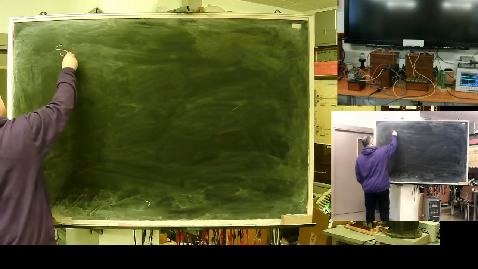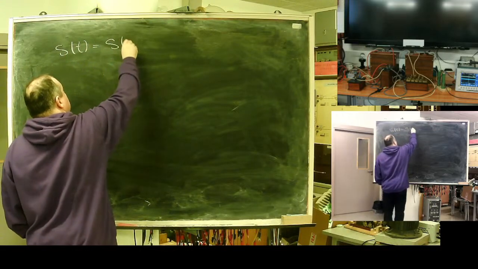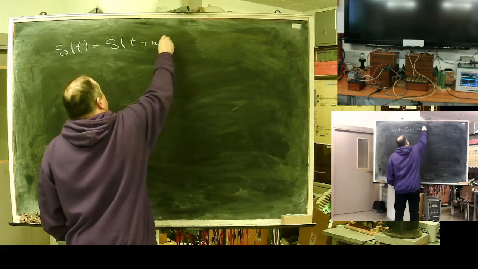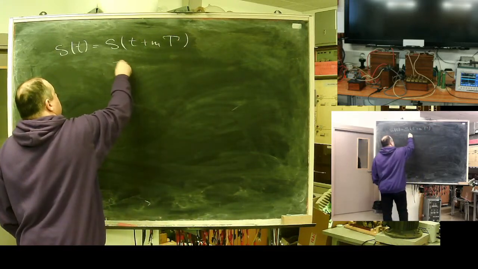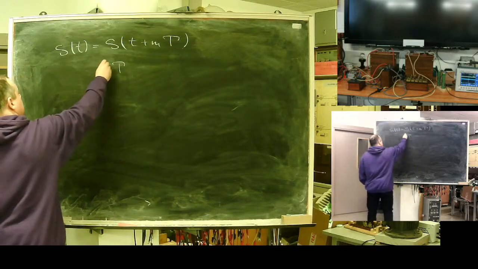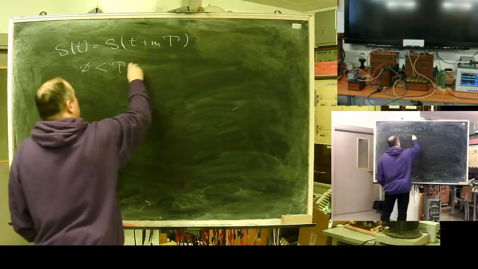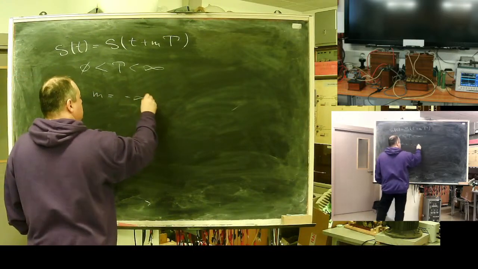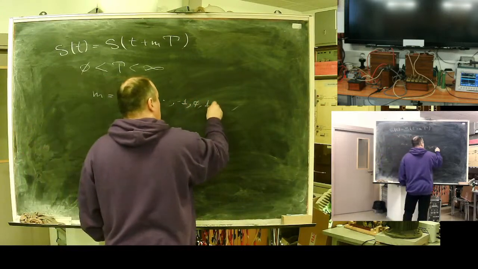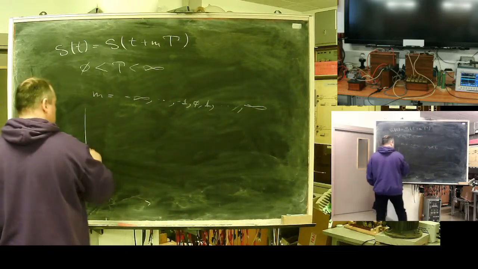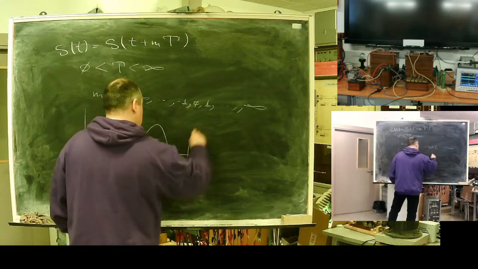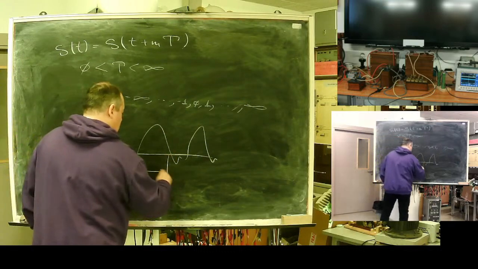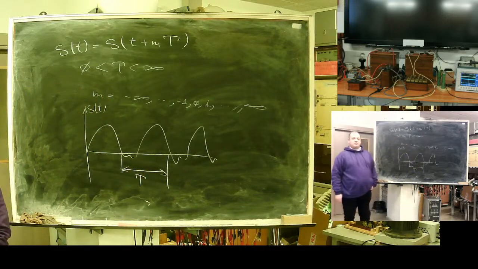If you have some physical signal that can be treated as periodic, so it repeats, where capital P is the repetition period, greater than 0 and less than infinity, and n is an integer, minus infinity, minus 1, 0, 1, and so on to infinity. It should be periodic.